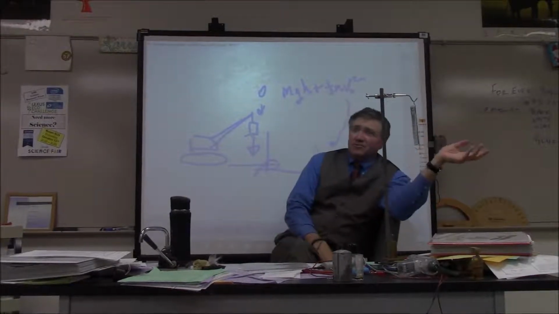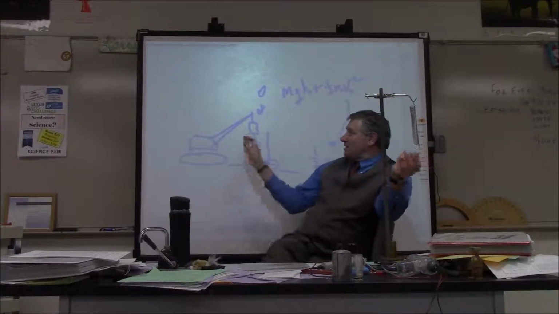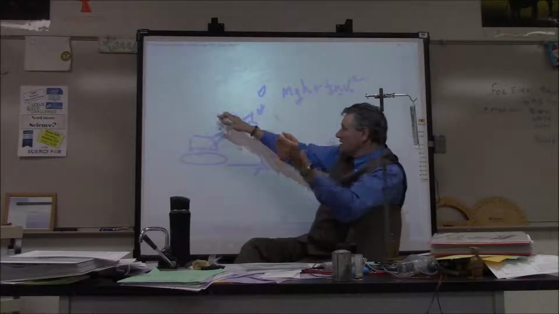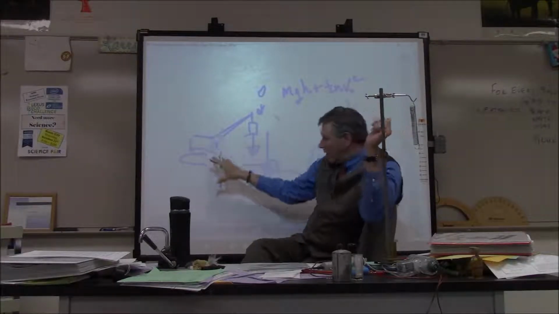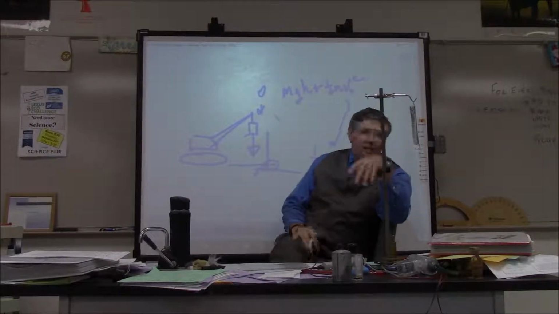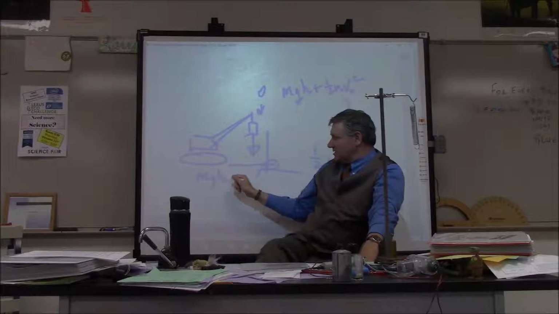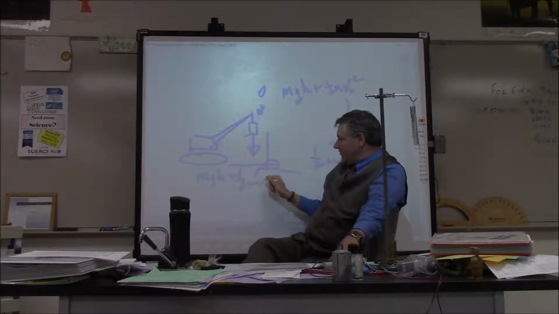So there's a couple of different ways you can work this problem. You can work it from an energy perspective and go, oh, up here it has UG, which is going to be mgh. When it lands down here, all of that UG is converted into kinetic energy. And you can set UG at the top, that mgh, equal to 1/2 mv squared.